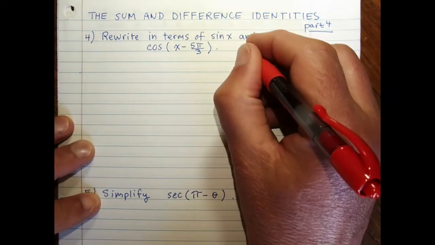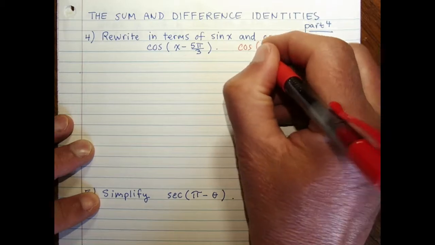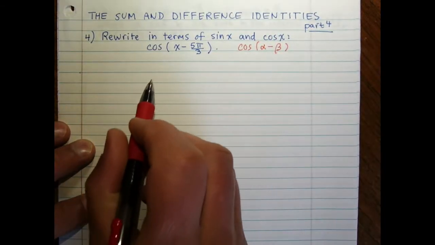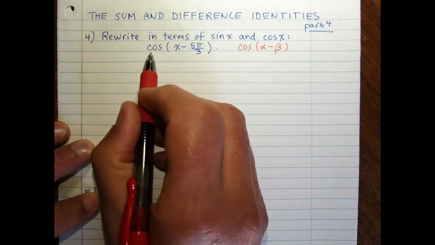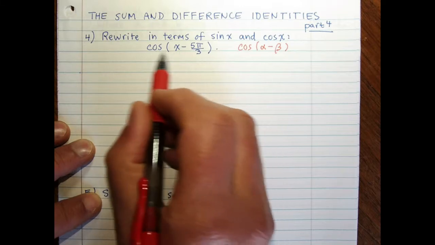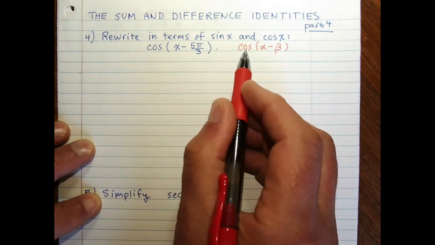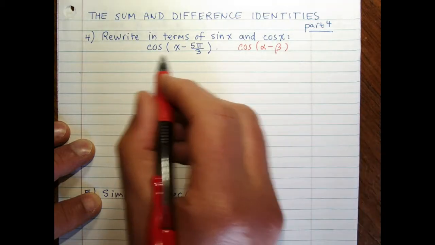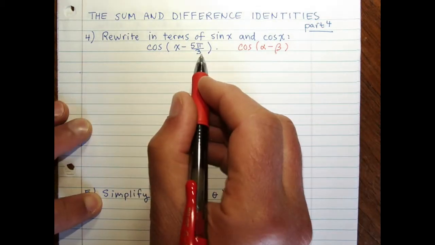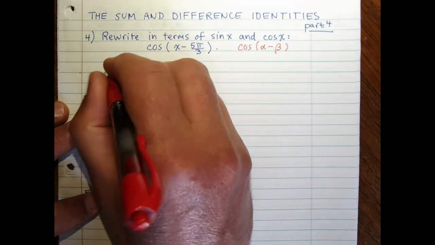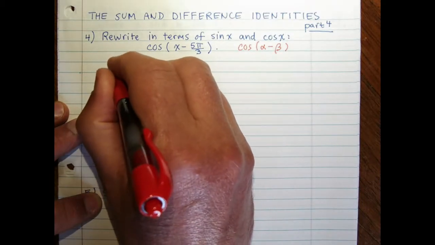That should look like a cosine of alpha minus beta form to you. And so I might wonder where this is going to go. Well, I know I can start out using my identity for cosine of alpha minus beta, because I have cosine of a difference here. So I'm going to refer to my identity sheet, where they're summed up.